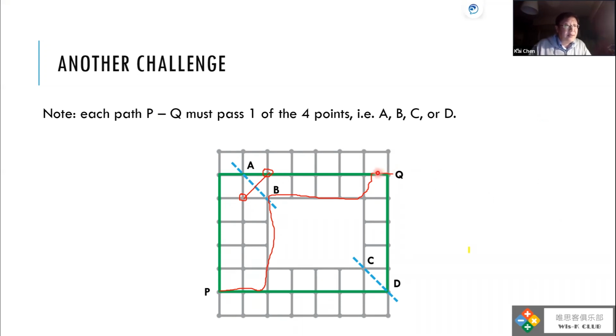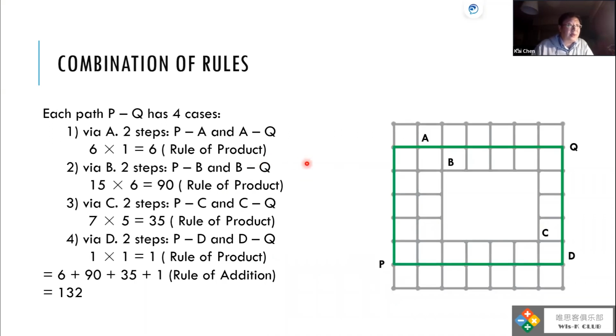We can divide this problem into different passes. Since each pass from P to Q must go via one of these 4 intermediate stops, then we have 4 cases. One case is that the path is via A. Then we can use again the rule of products.